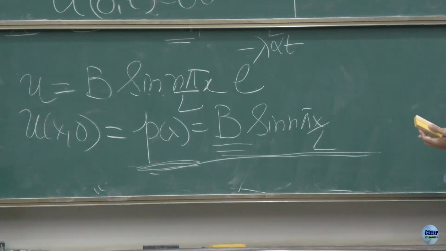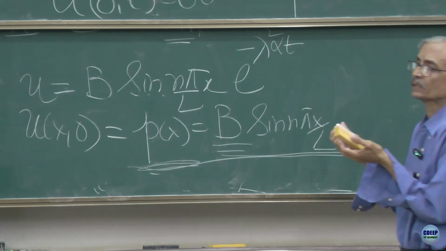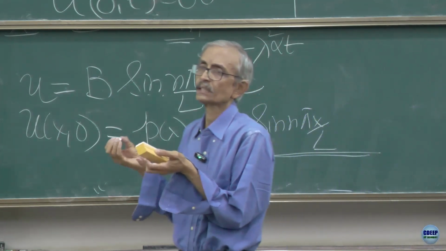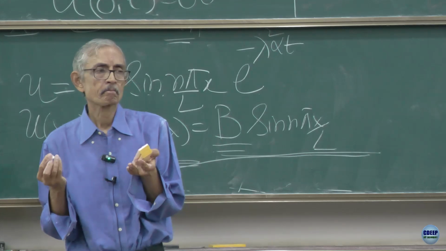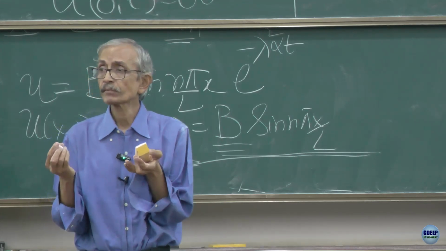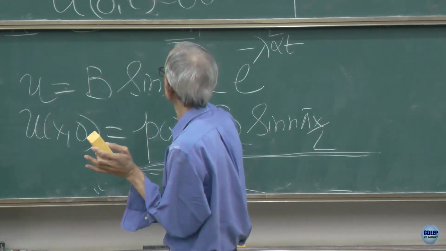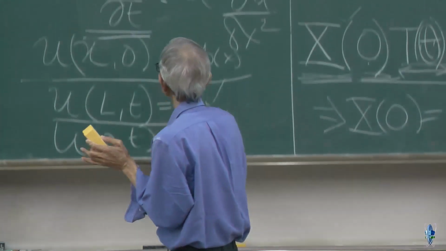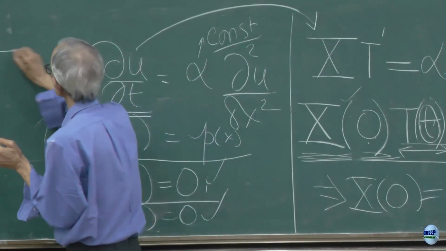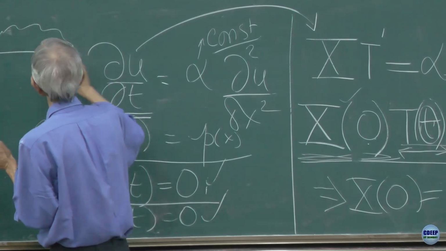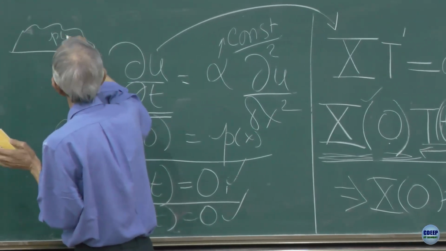Under what conditions will I get a number for b? If p of x is known, it's already known. We have said that p of x was known. Some p of x is there.